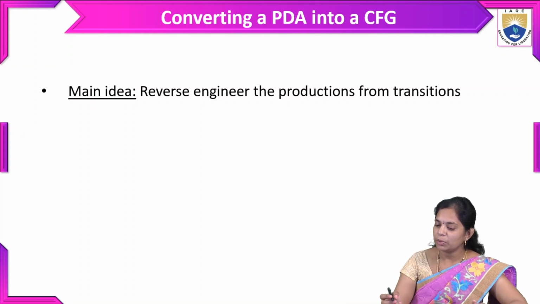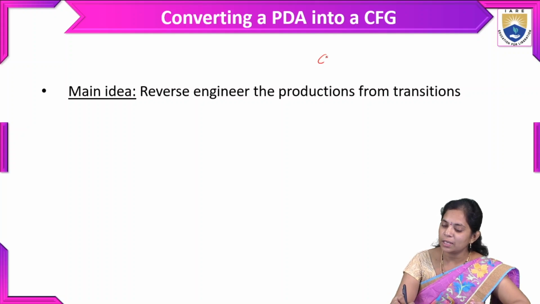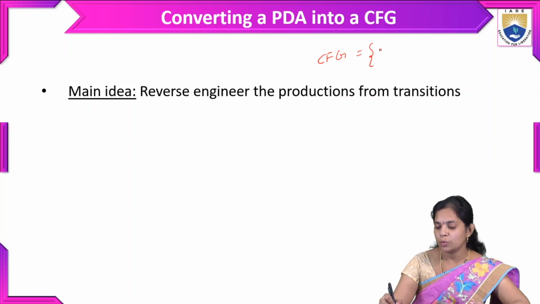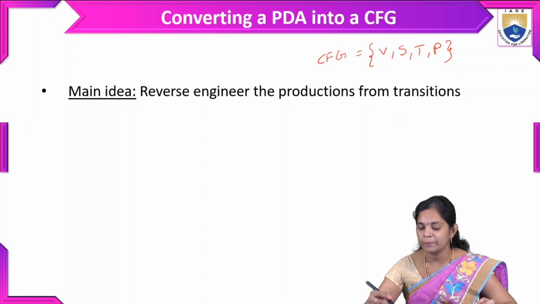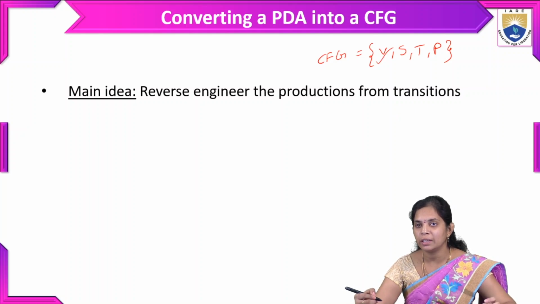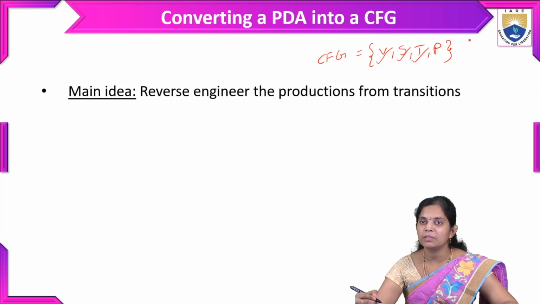So here let me briefly explain the context-free grammar, which has the definition of a 4-tuple notation: V, S, T, P. V is nothing but the non-terminals, how many non-terminals are there in that grammar, and S is nothing but the start symbol, and T is nothing but the terminals, which are represented with small letters, and P are the productions.